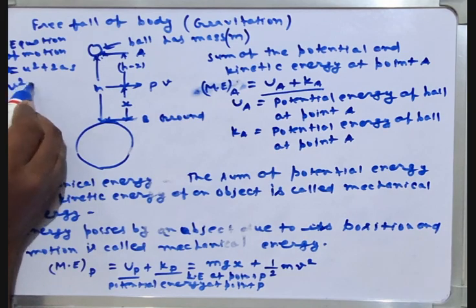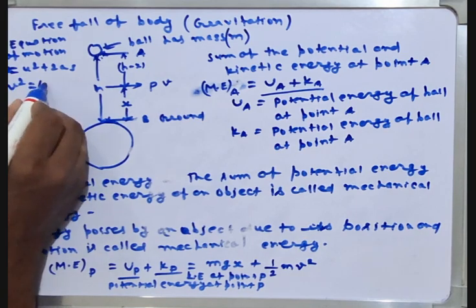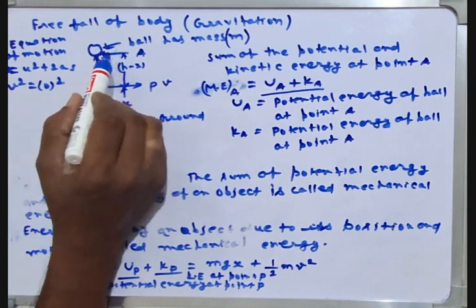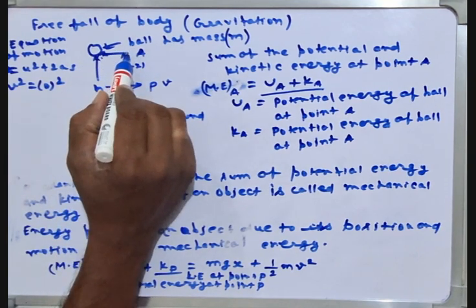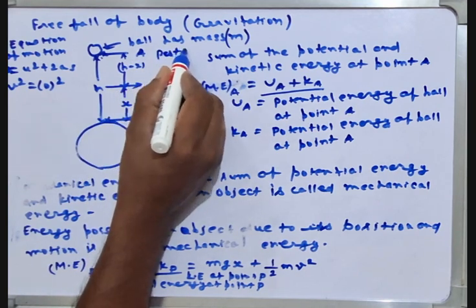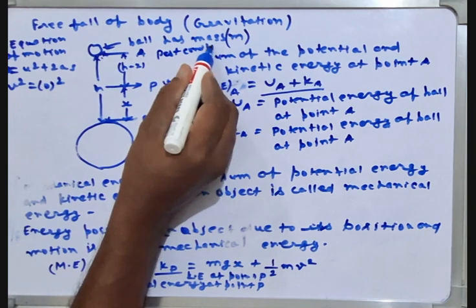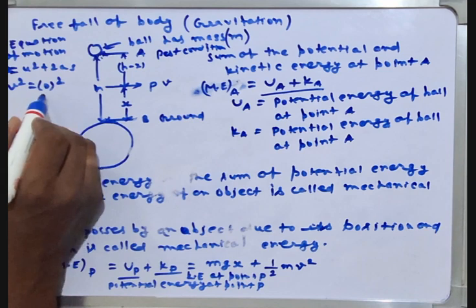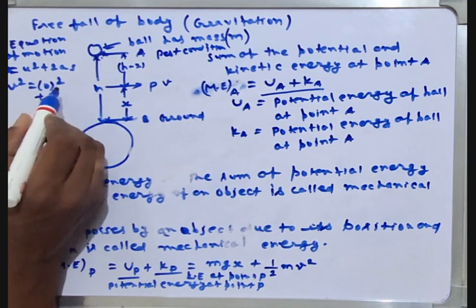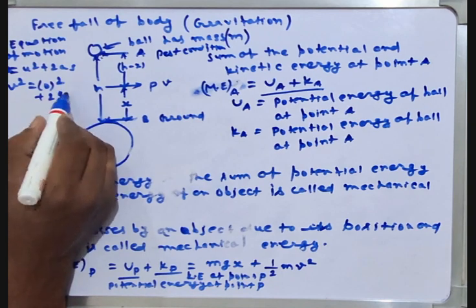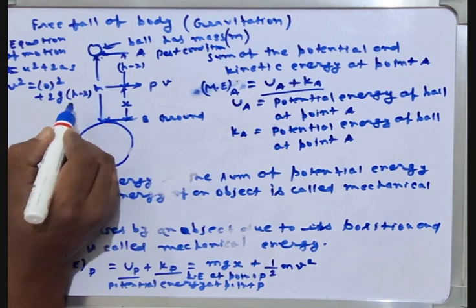So v square equals 0 whole square, because initially this ball is at point A and it is at rest, so initial velocity is 0, plus 2g times s, where s equals h minus x.